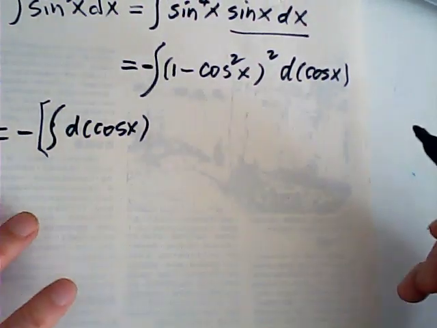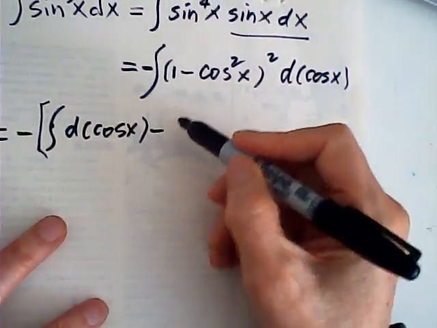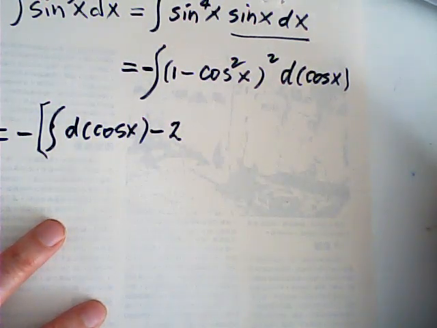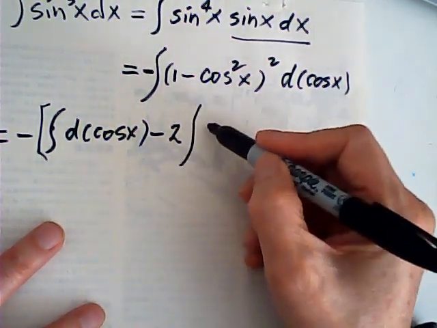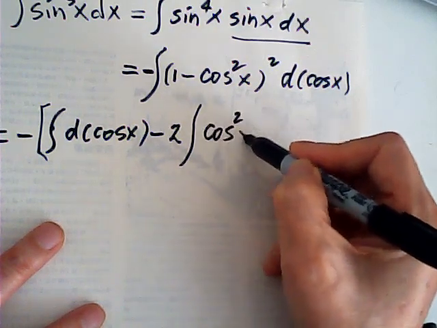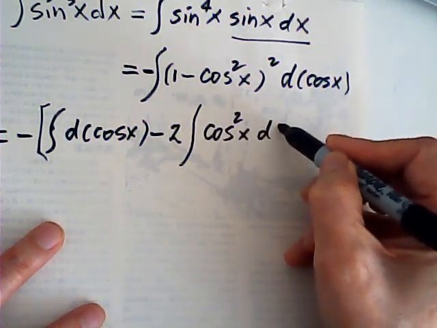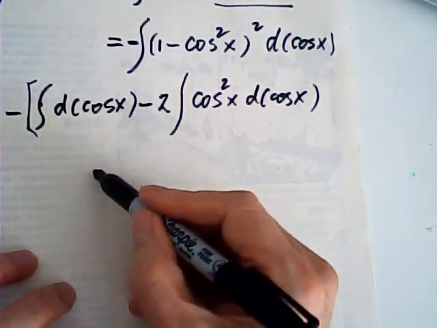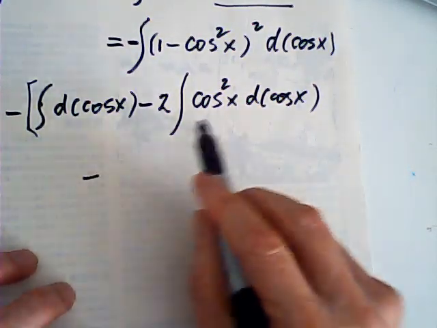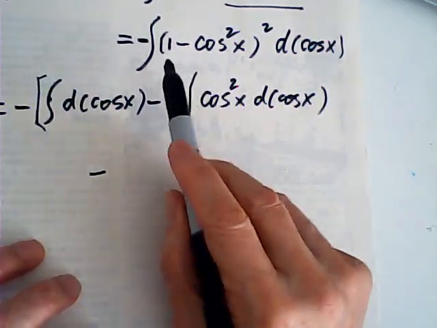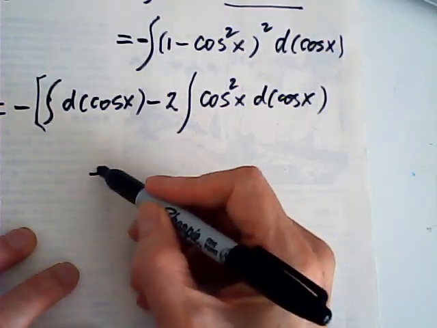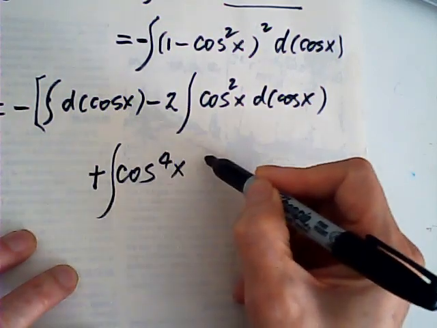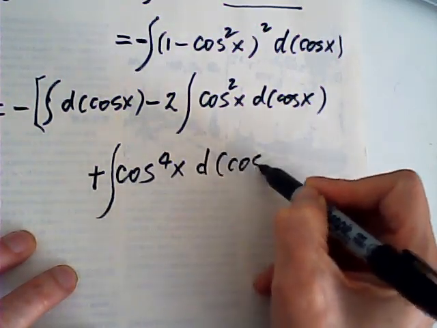1 times this one, minus 2 cosine square x d cosine x, plus 1 minus the last one is plus cosine 4x d cosine x.